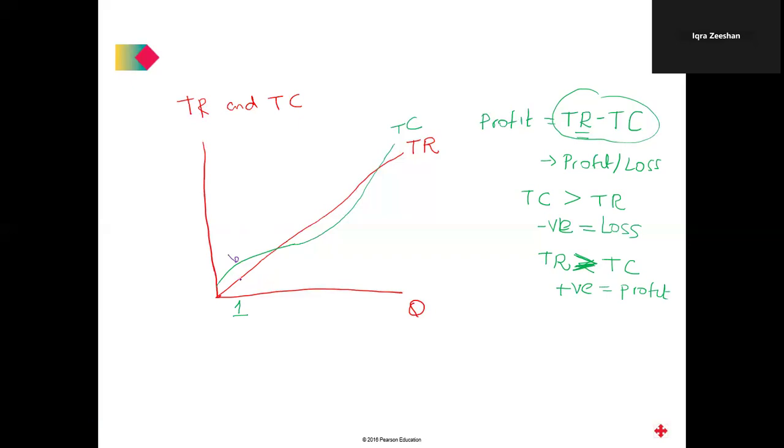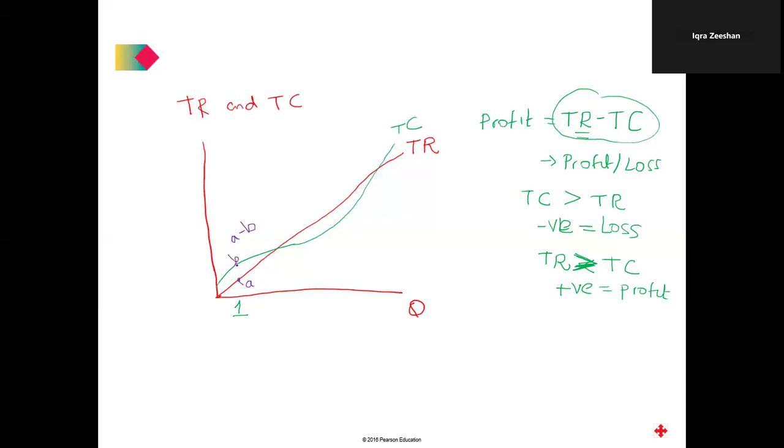Let's call this point A. So when we subtract B from A, we either get a profit or a loss.